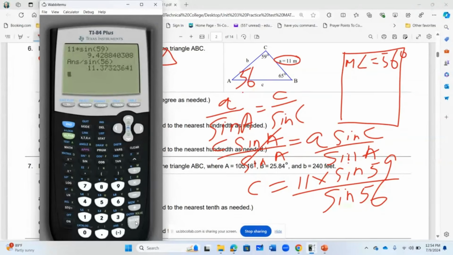Of course, I'm looking for a distance. So the distance cannot be negative. If my answer is negative, somebody screwed up. All right, so let me see how many decimal places it wants me to give my answer.